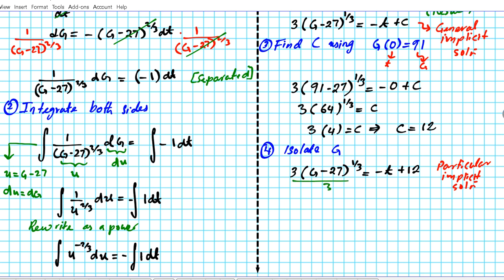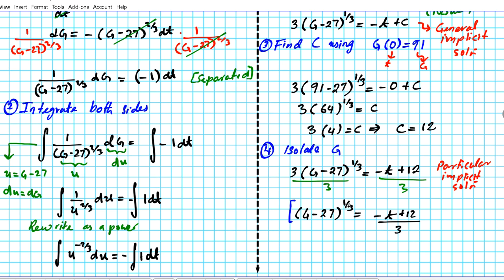So just divide both sides by 3. And then you have the quantity G minus 27 raised to the 1/3 is equal to negative t plus 12 over 3. And then the inverse of the third root is the third power.